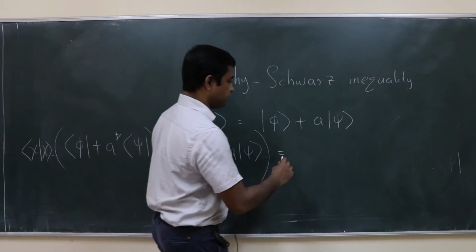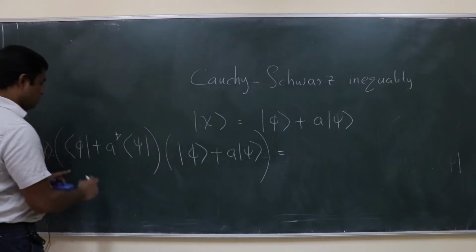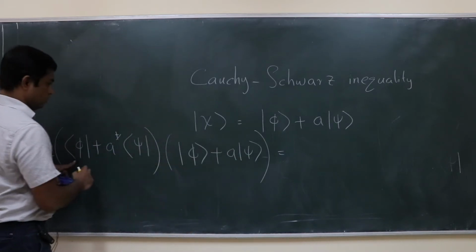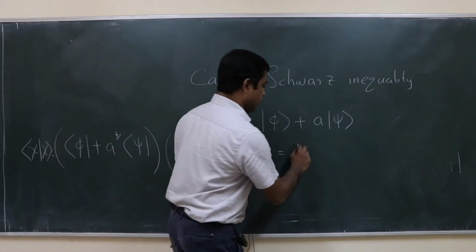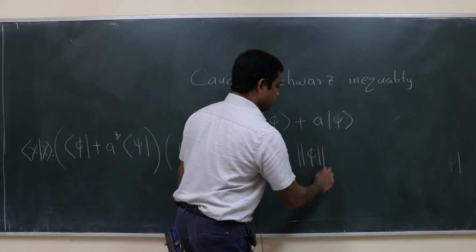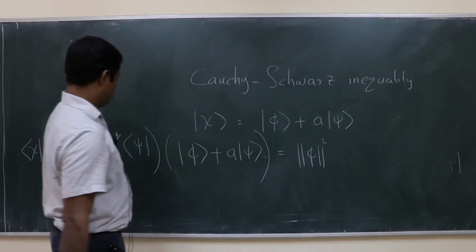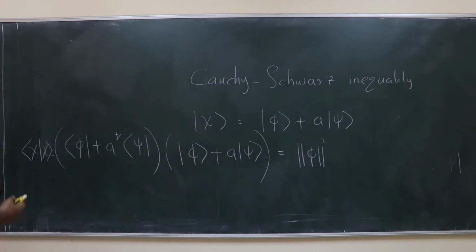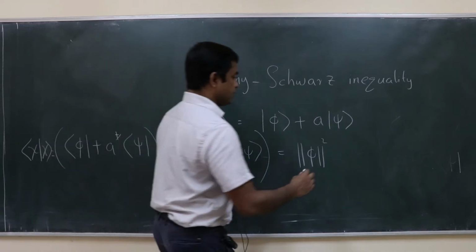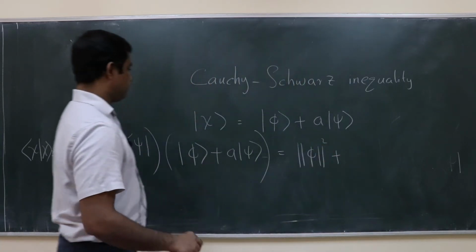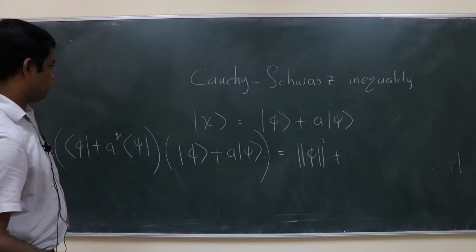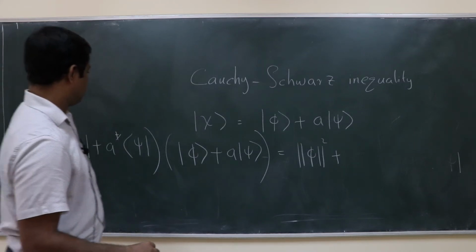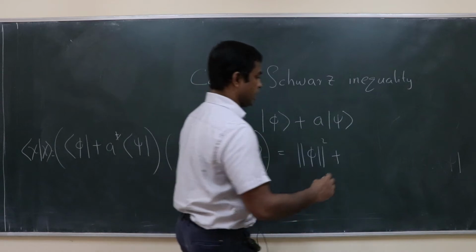So what is the first term? The first term is bra phi ket phi, which is basically the norm of that vector squared. Yes or no? Yes. So what is the next term? a bra phi ket psi.